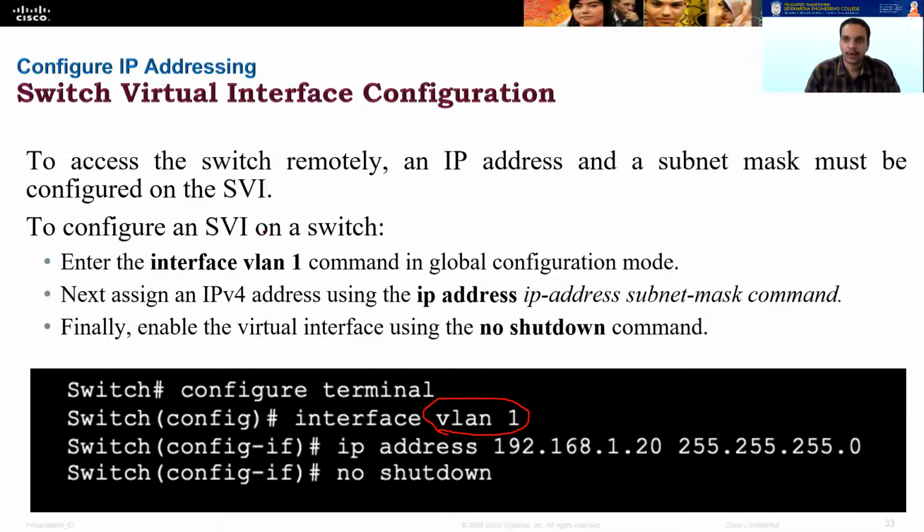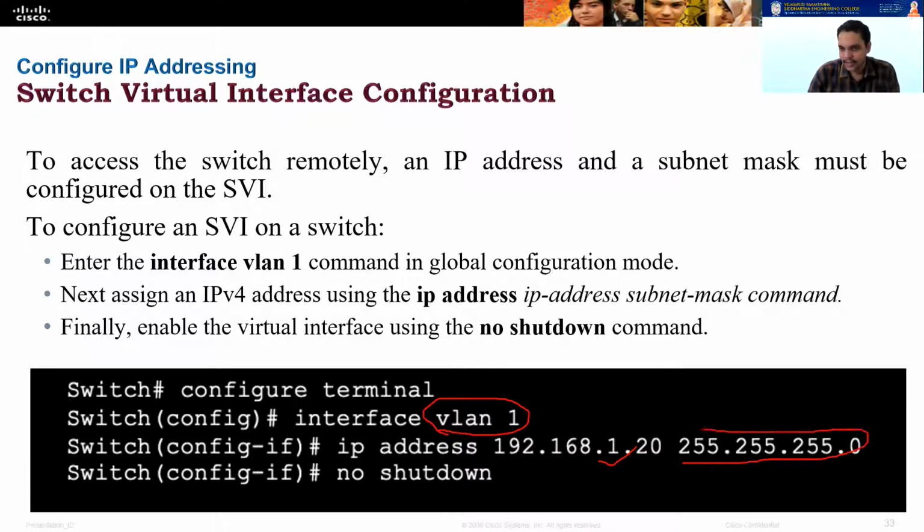So if you get a question saying configure SVI for the switch, simply type interface VLAN 1. Because it's an interface, you have to type in interface here. It's not a line. So interface VLAN 1, and whatever IP address is there, you assign it. As I told you, when you are assigning an IP address, you always have to give the subnet mask.